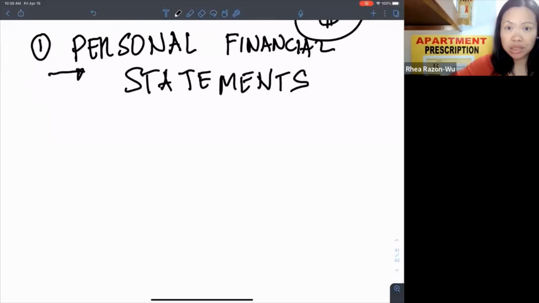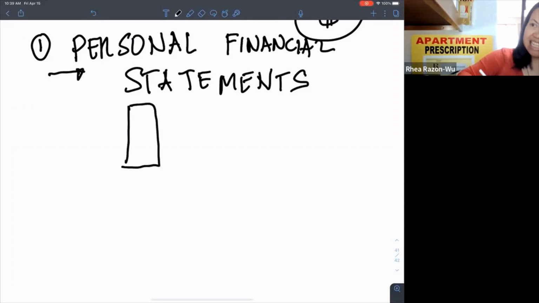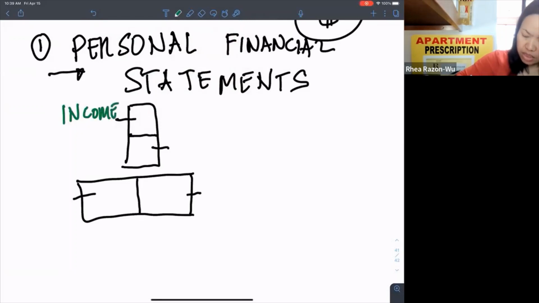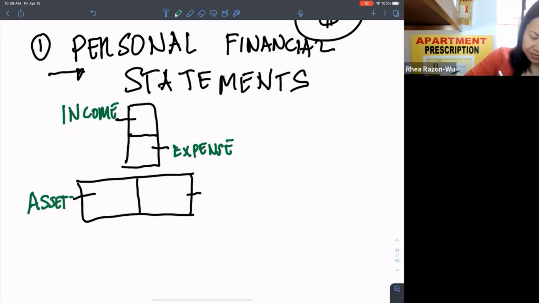And I was a doctor at that time, working for a big employer. So the personal financial statement is this. You have income, you have expense, and this is the letter A, assets.